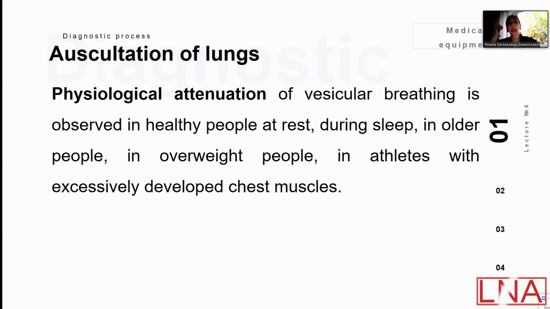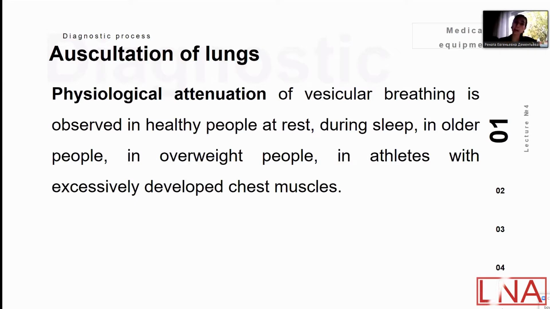About attenuation, or the quantity of the vesicular breathing. Physiological attenuation, or decrease in the loudness of the breathing, is observed in healthy people at rest, during our sleep, in people more than 80 years old, and in overweight people. We discussed with you that overweight can be a reason for decreasing and attenuation of the voice trembling.